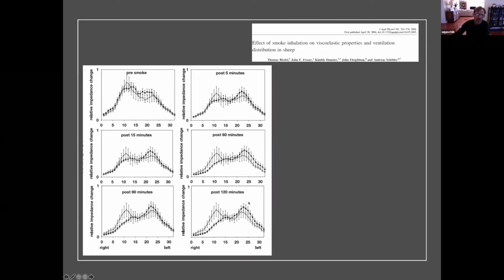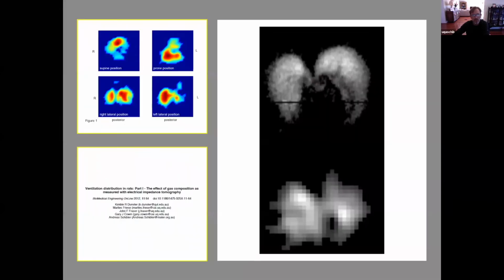And you can see how that shift into the right lung, the so-called independent lung, is occurring. The lung on the left side starts to be injured. So it's quite nice to have real-time monitoring of where ventilation is distributed.